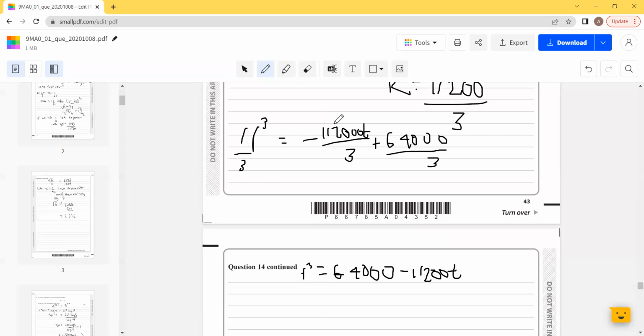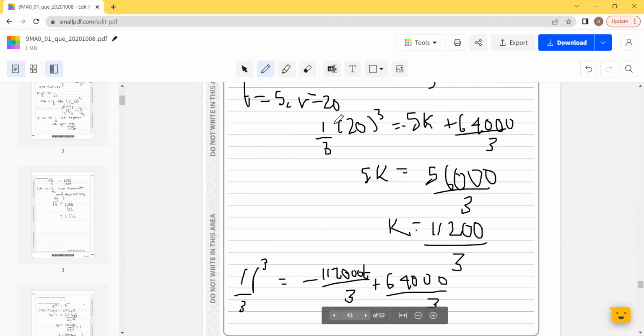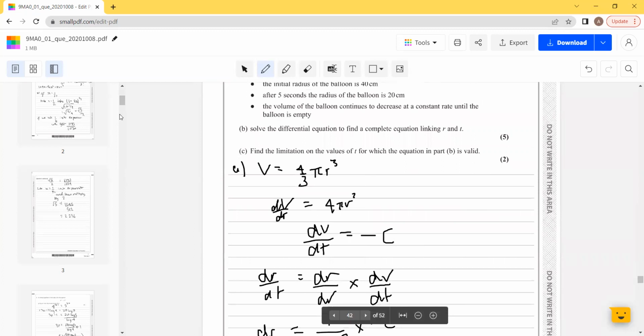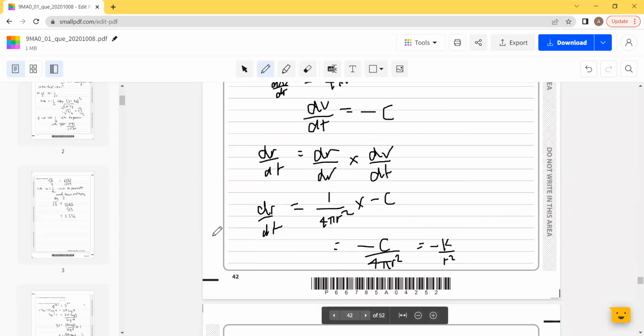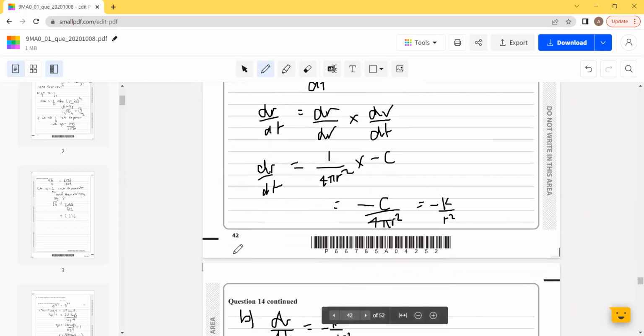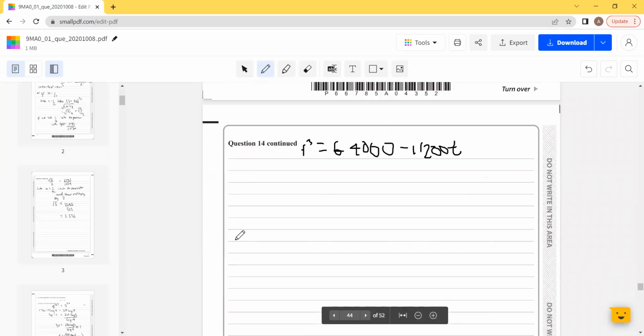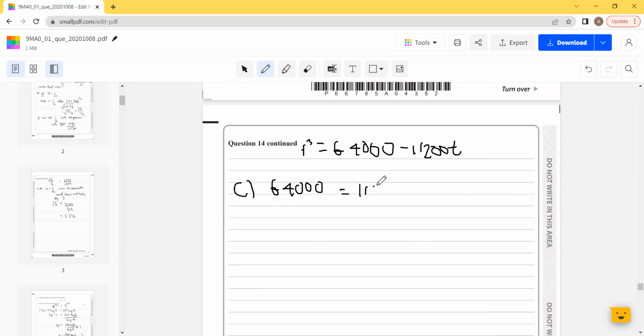Okay, so now part C: find the limitation of the values of t for which the equation in part B is invalid. So this basically means solve it equal to 0. Part C wants us to be able to solve this equal to 0. So I can just say that 64,000 is equal to 11,200t.